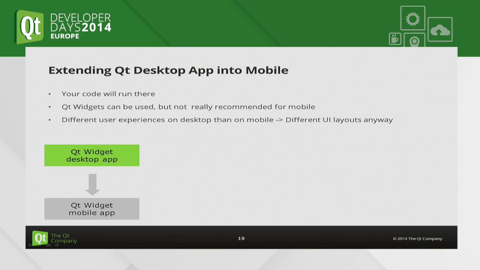Of course, you can take your Qt widget app and just run it on mobile, or you can write a different layout for the mobile version using Qt widgets, and then just customize the Qt widgets. That's fine. We've done that. We have a lot of customers who are doing embedded devices with Qt widgets, and those UIs look really nice and fresh too. So you can do it if you like Q styles and style sheets.